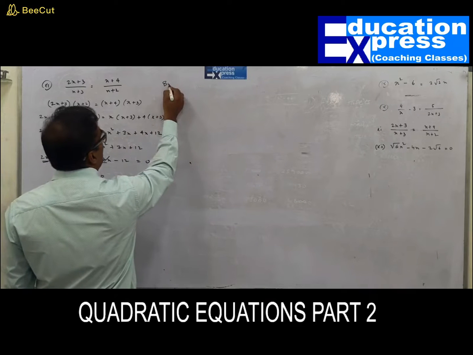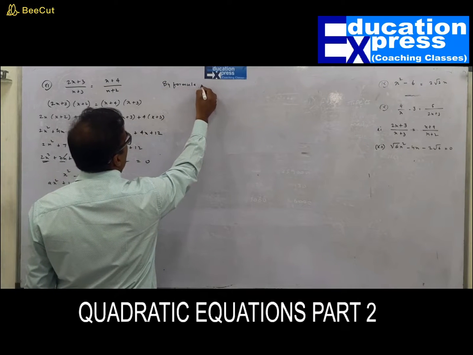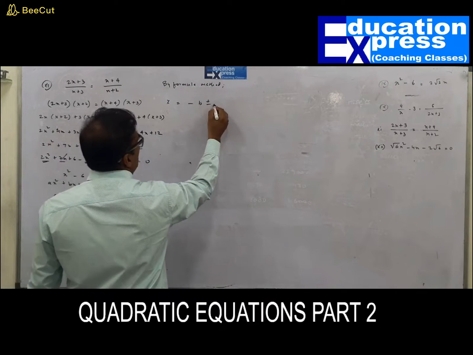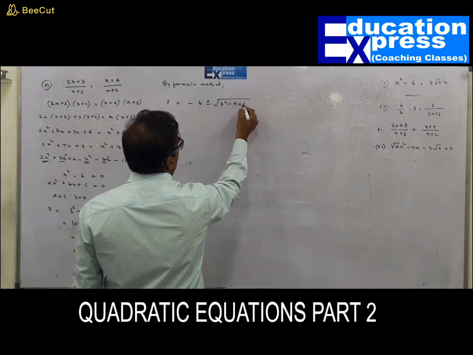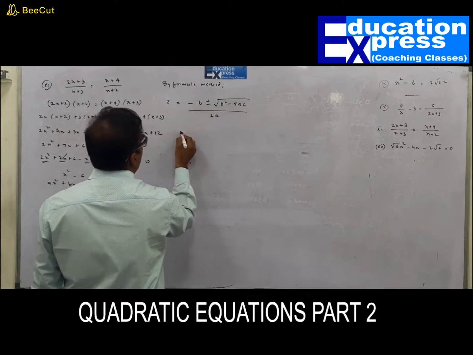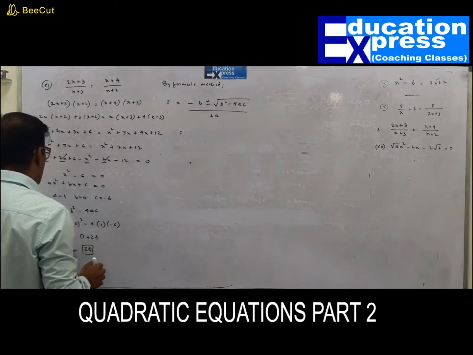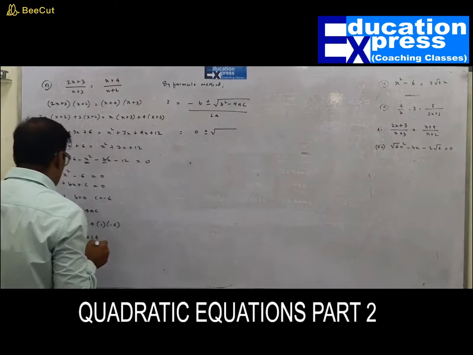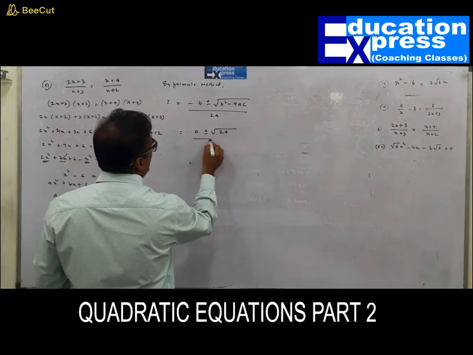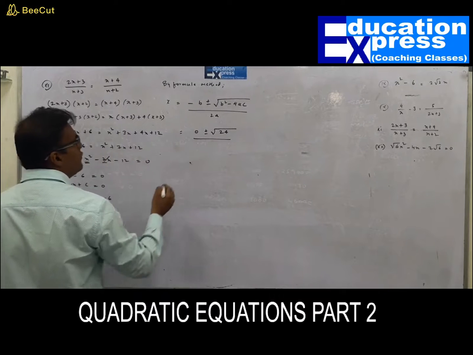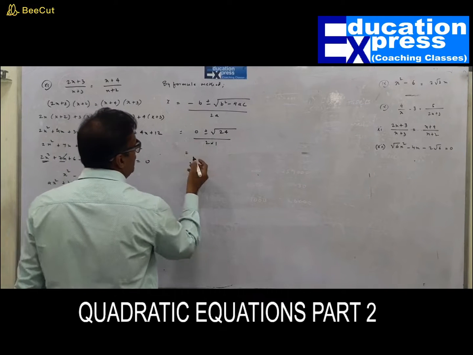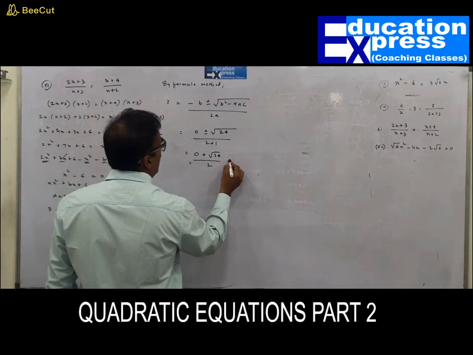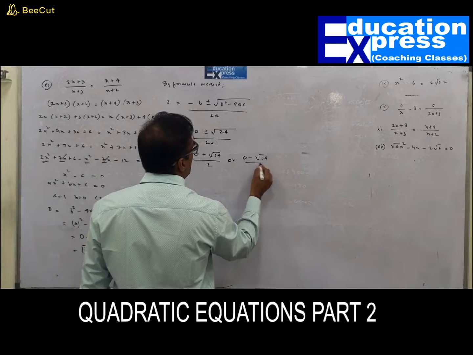By adopting the formula method, x equals minus b plus or minus root of b square minus 4ac, the whole upon 2a. What is the value of b? 0. So it's going to be 0 plus or minus root of b square minus 4ac, that's 24, the whole upon 2a, 2 into 1. So 0 plus root 24 upon 2 or 0 minus root 24 upon 2.